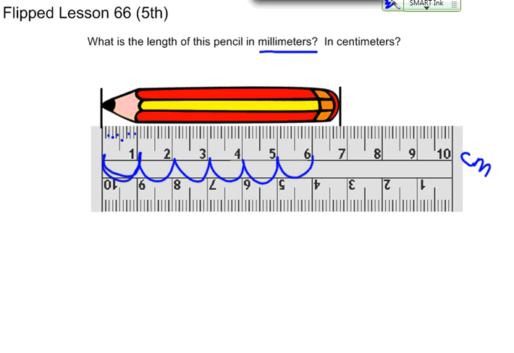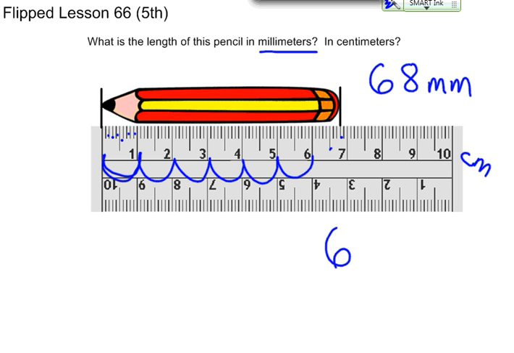And then I can count the individual lines. 1, 2, 3, 4, 5, 6, 7, 8. 8. And so I could easily say 68 millimeters.